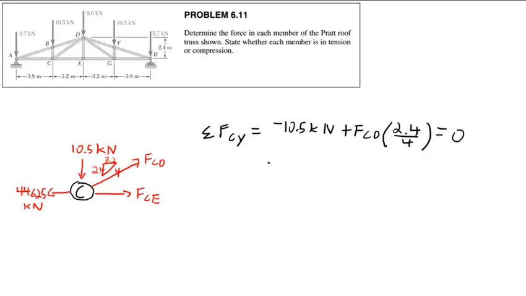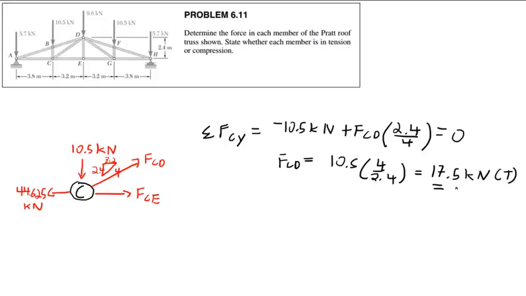Okay. And then FCD is going to be equal to 10.5 times 4 over 2.4, and I get 17.5 kilonewtons tension.